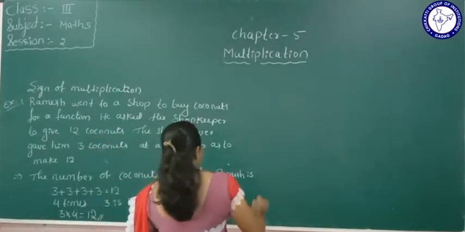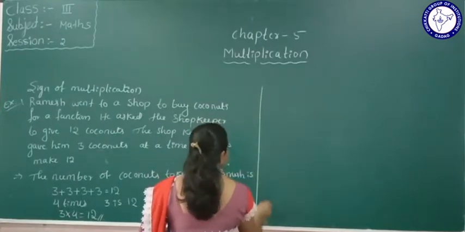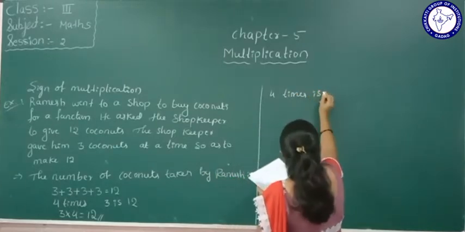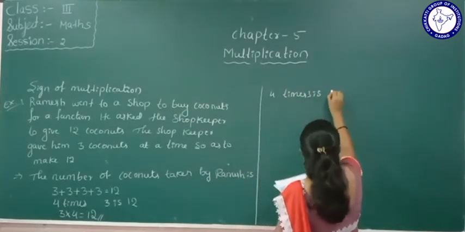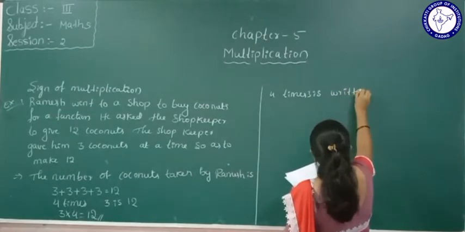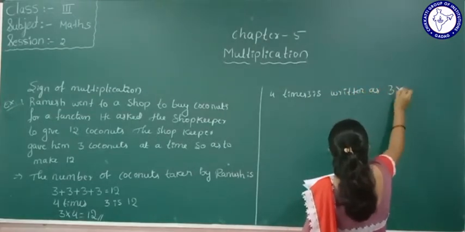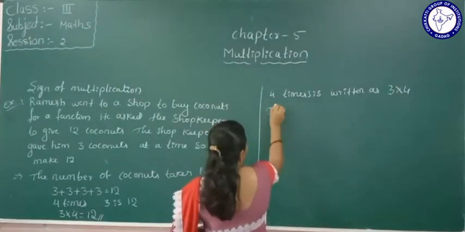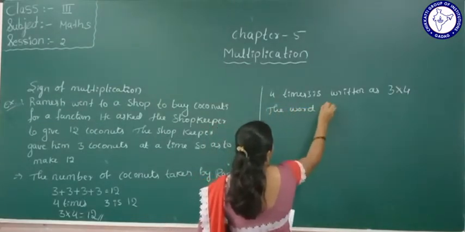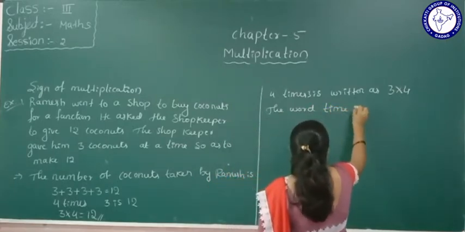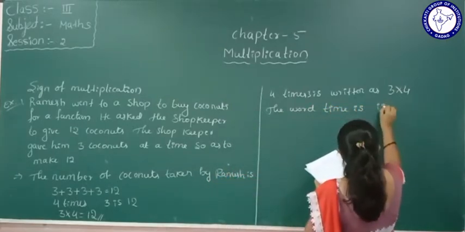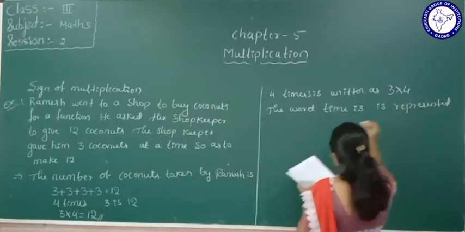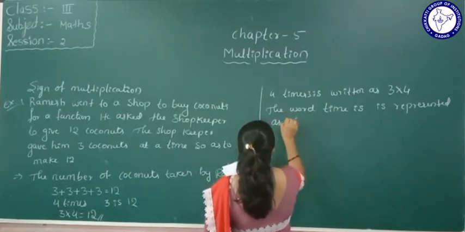So here 4 times 3 is written as 3 into 4. The word times is represented as the symbol of multiplication.